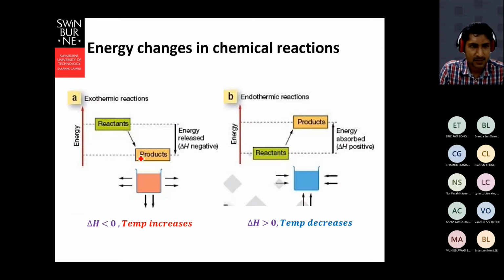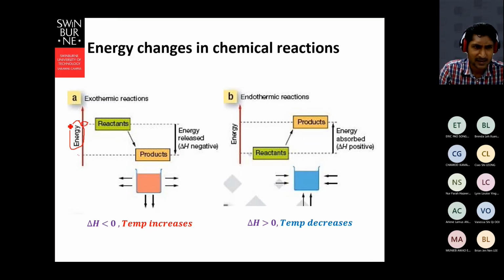So what does the negative and positive of enthalpy actually mean? If we draw the energy diagram, we put the energy on the y-axis. Let's say we start at 0.